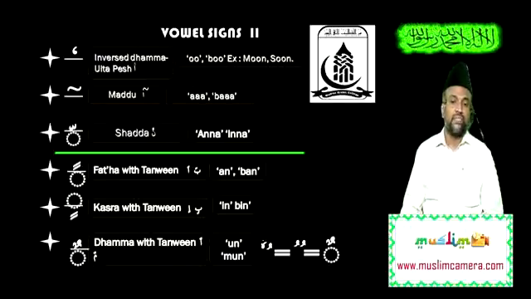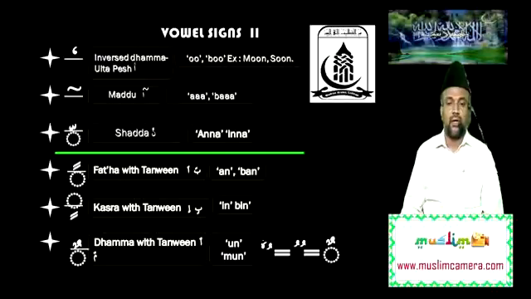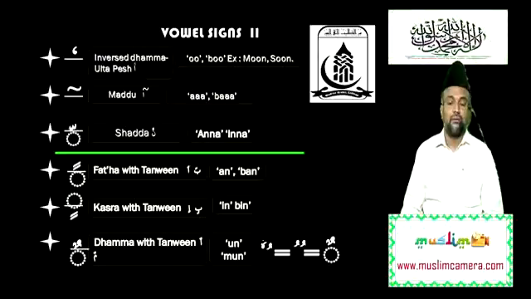Shadda. This shadda is actually doubling of a letter. So for example, if the shadda is found on lam, you have to read it as al. A is previously there. Il, al. If it is there after a, above noon, an, noon will be doubled.